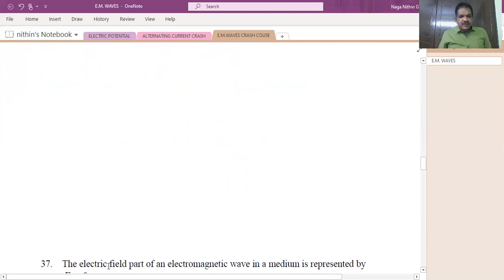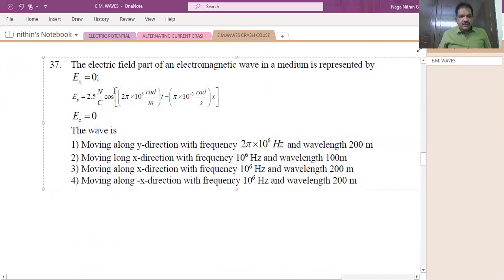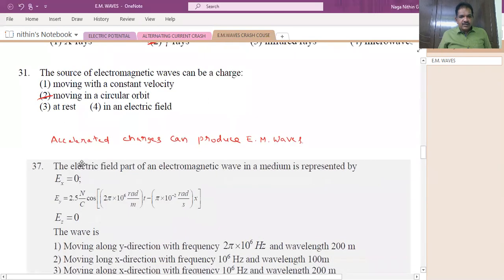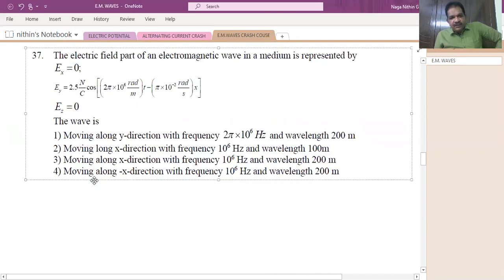See the next question. The electric field part of an electromagnetic wave in a medium is represented by Ex is equal to 0, Ey is equal to 2.5 cos of omega t minus kx, Ez is equal to 0.